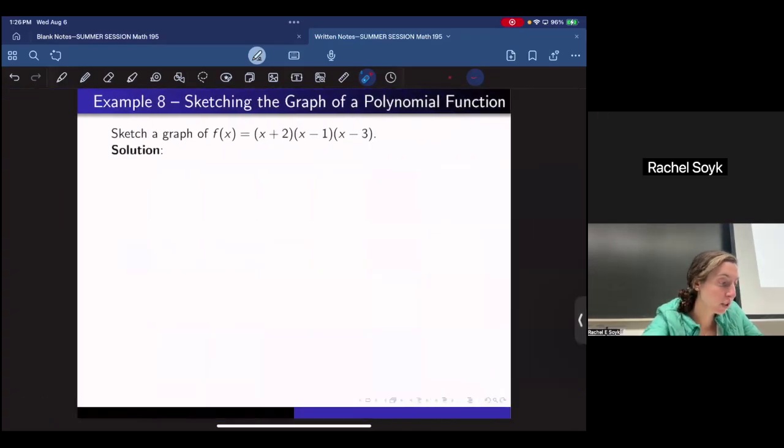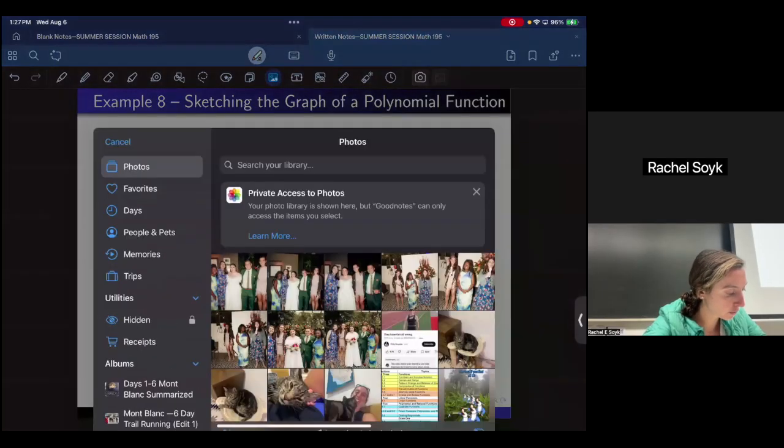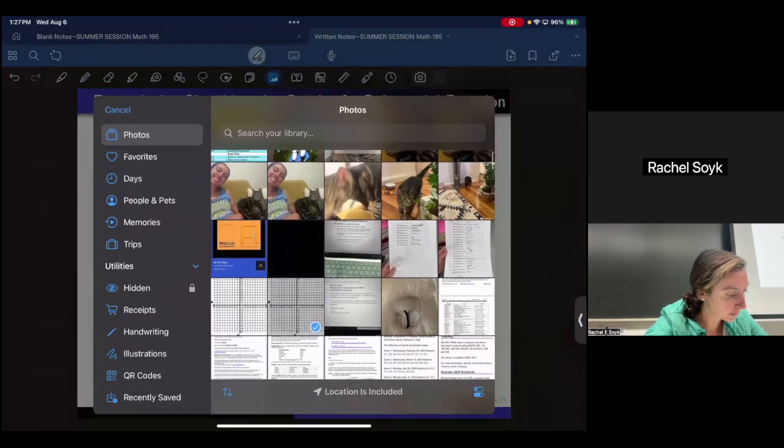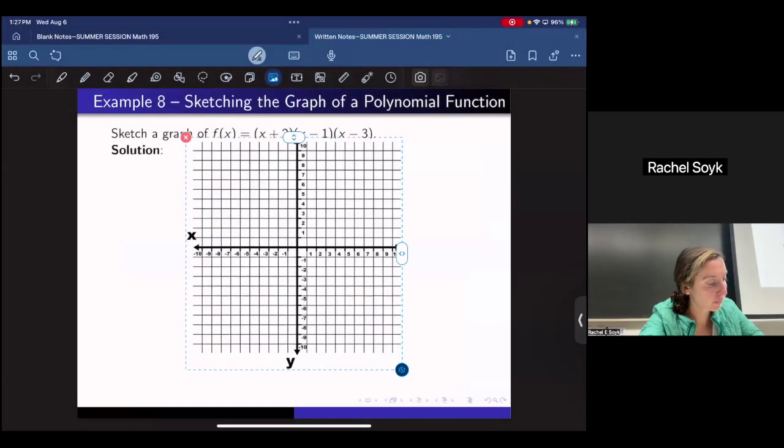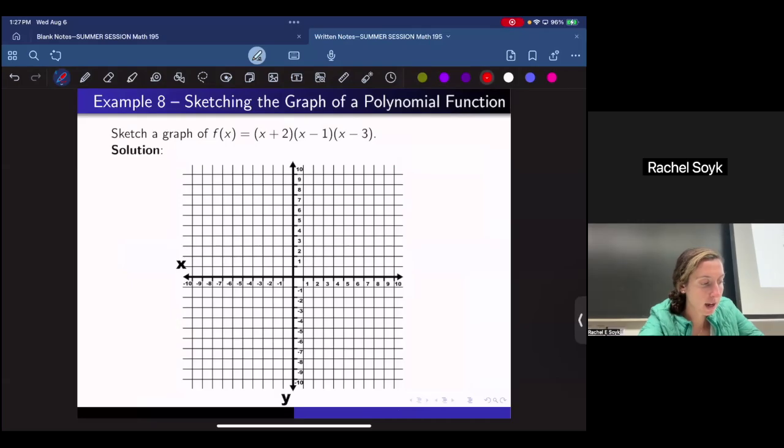So that brings us to our example 8, where we're asked to sketch this straightforward cubic function. And then maybe I'll bring in a graph. The x-intercepts here, we can very easily identify them. We have -2, 1, and 3. Nothing's being repeated, so you know straight off the bat we're dealing with a cubic function.